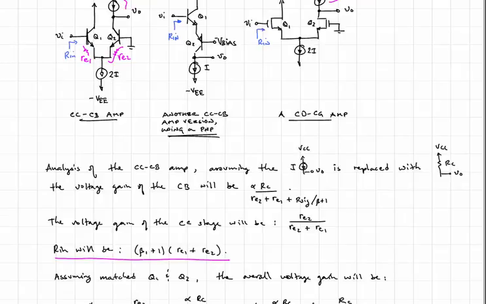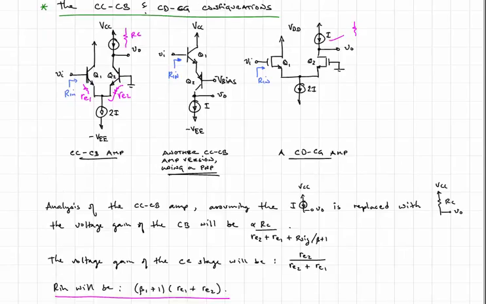We can take a quick look at the gain of this. We'll go through this in detail in the next chapter. But if we look at small signal, let me draw a small signal version of this amplifier. I'm going to use the T models for each of these transistors. When we look at the small signal, the 2I is turned off. I'm going to use RE, I guess I'll do RE1 and RE2. This will be grounded.